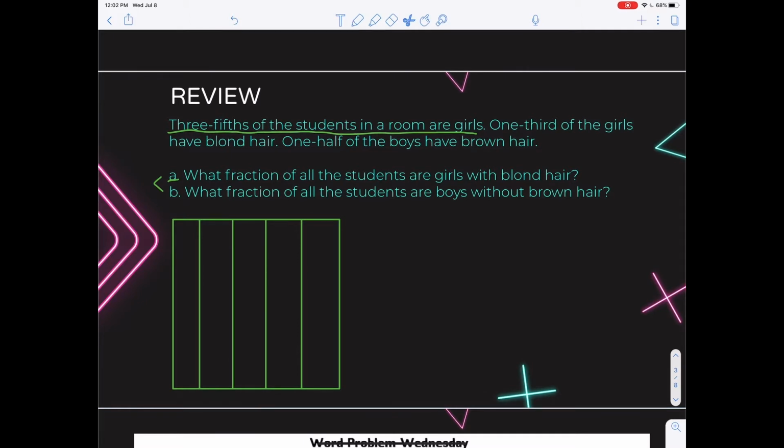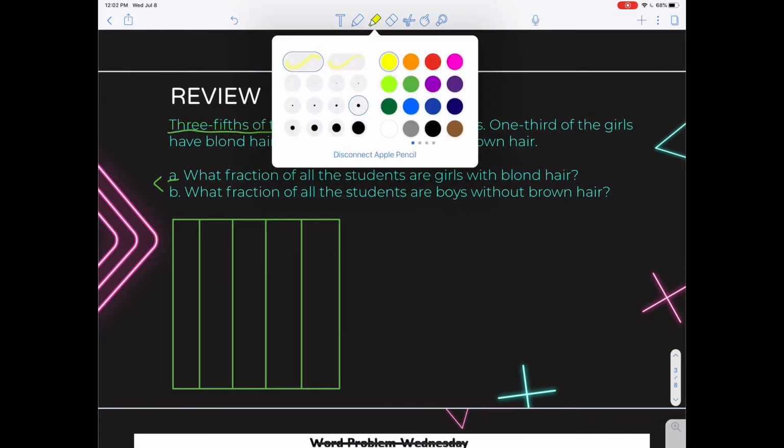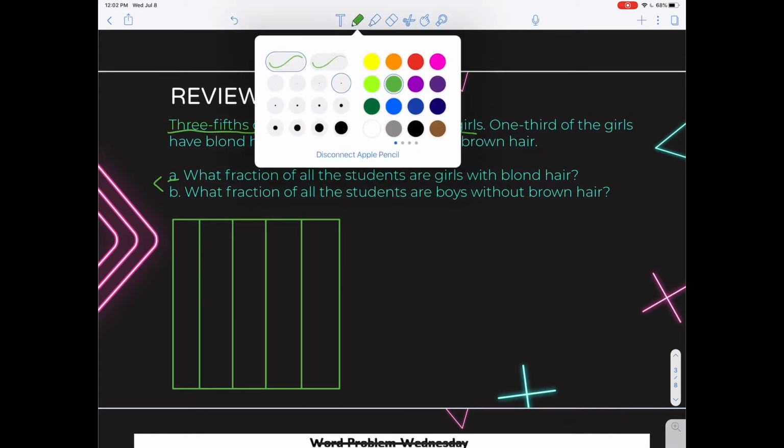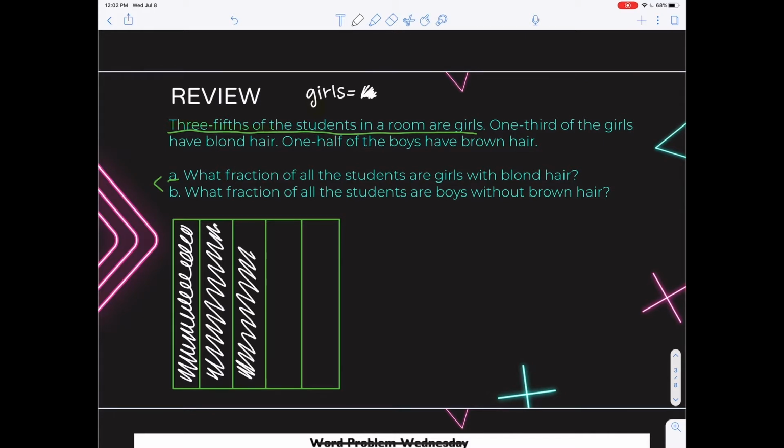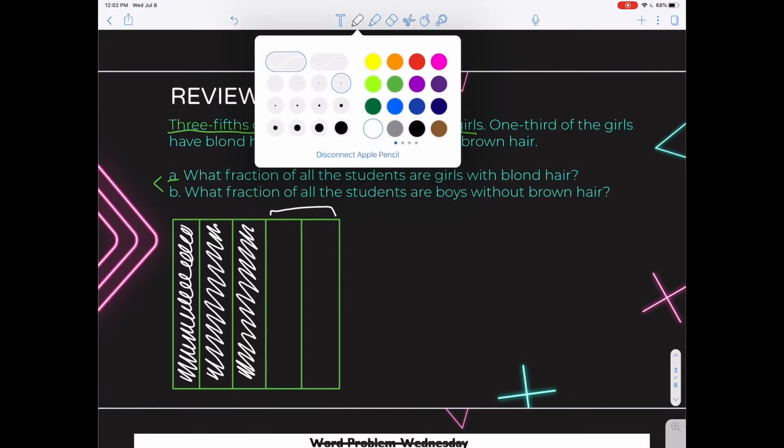So 3/5 are girls. I'm going to highlight the girls in yellow. You can't see because of the background, so we're going to use white for the girls. Girls equals the white color. So this is girls. That's 2/5, and here's 3/5, meaning that these 2/5 at the end are the boys.